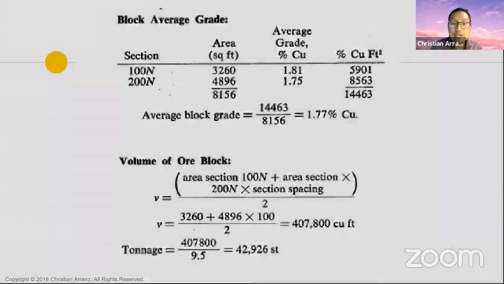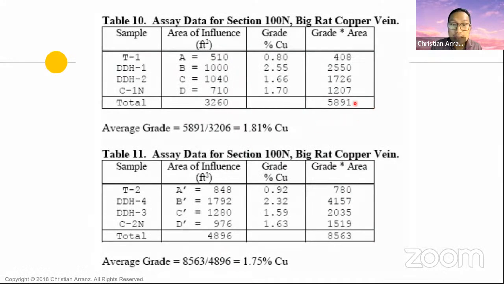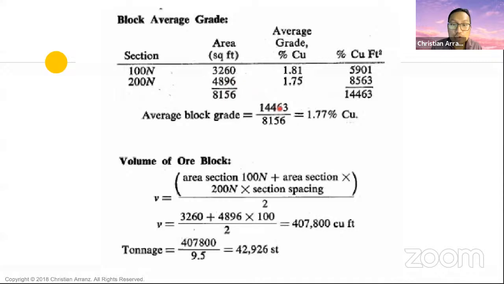Ayun. So, kapag nakuha mo na yung, di ba meron ka ng total area nung isang section, tapos average grade nung section na isa, yung 100 north, saka section nung 200 north. So, ito yung kung paano mo makuha yung sa buong block pala. So, add the areas, ganun din, a weighted average pa rin.